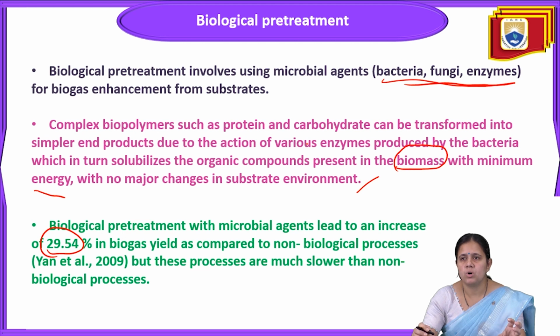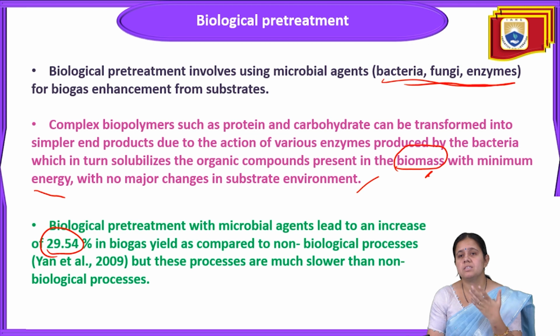So the substrate quality or environment is not changed, because the complex biopolymers like protein and carbohydrate are transformed into simpler end products by the action of enzymes produced by the bacteria, which solubilize the organic compounds present in the biomass with very minimum energy.